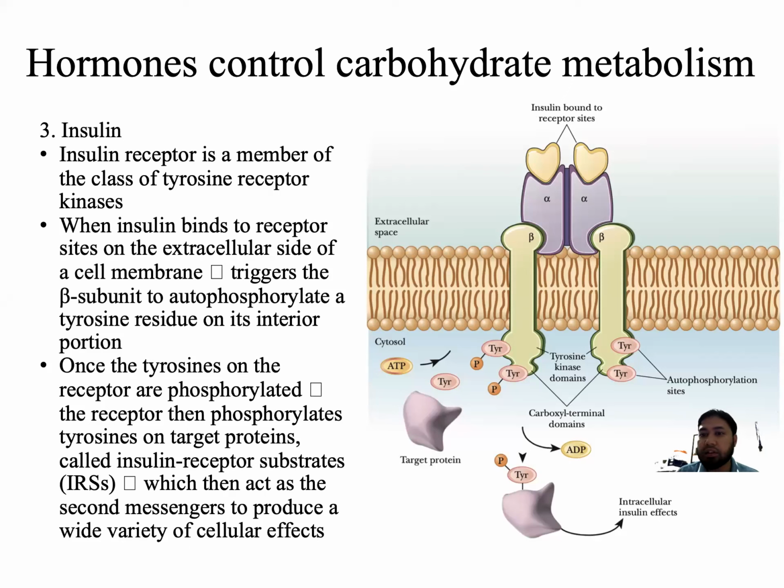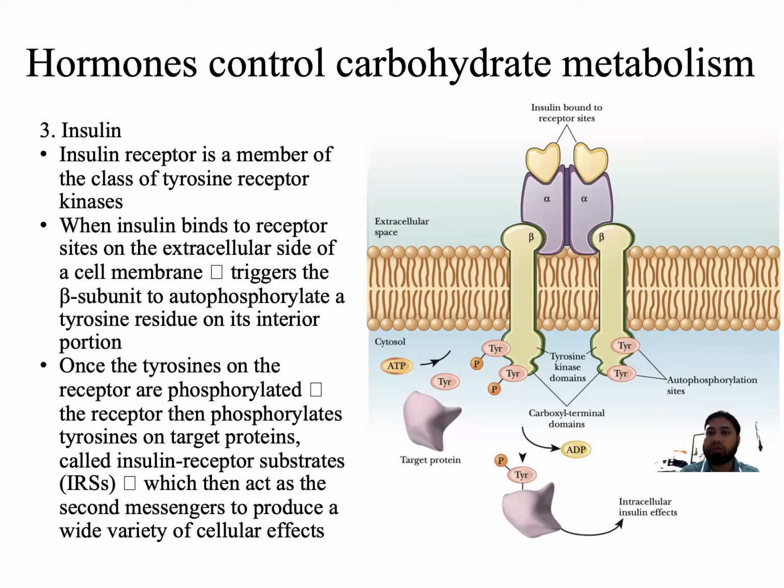That is the insulin. It binds to the alpha receptor that is available on the outer surface, and at the bottom part of the receptor, you have the beta receptors that are attached to the alpha receptors.